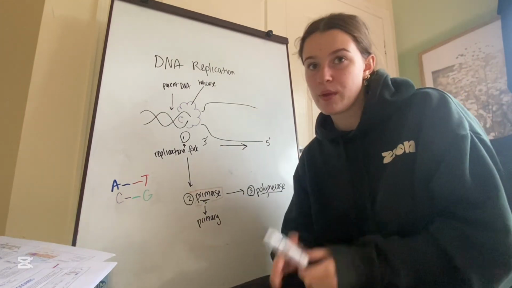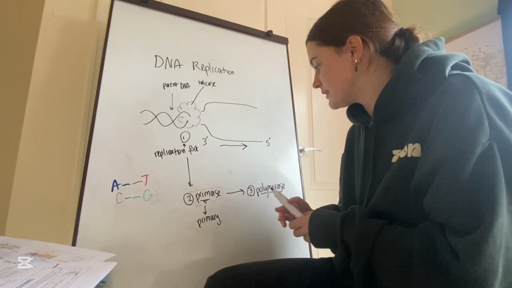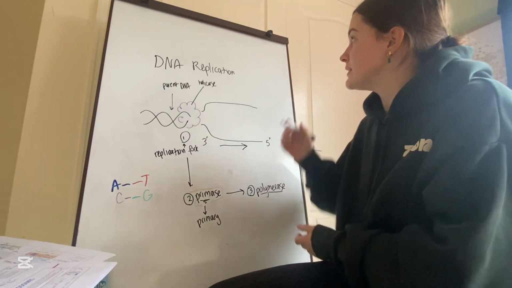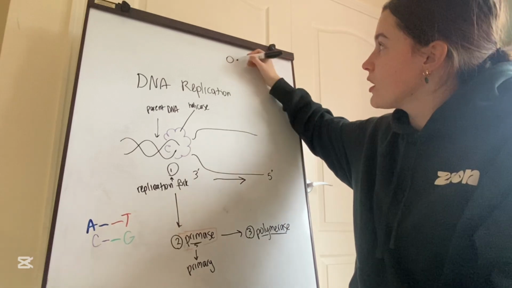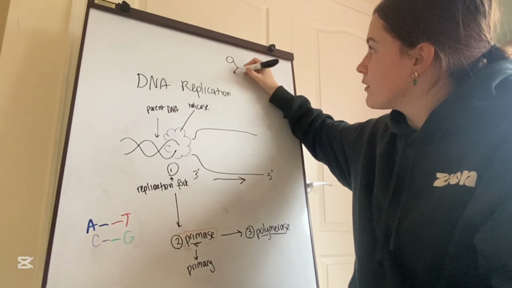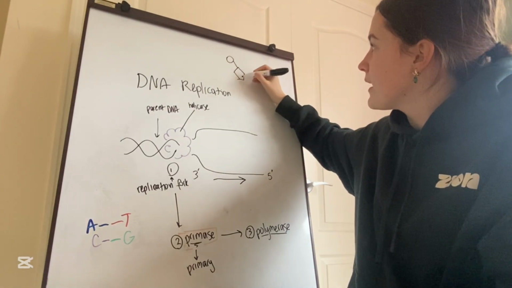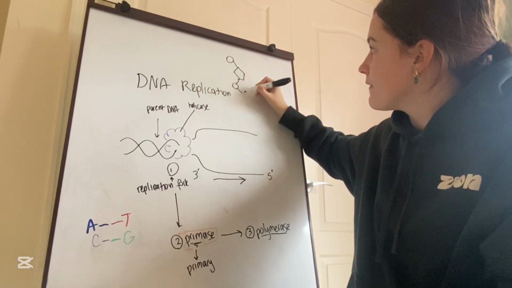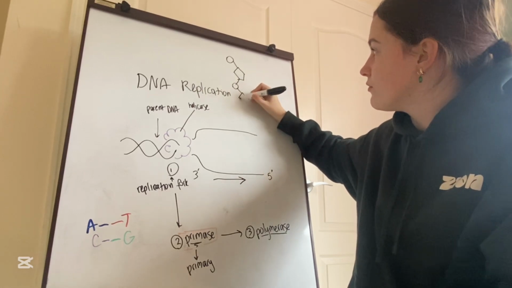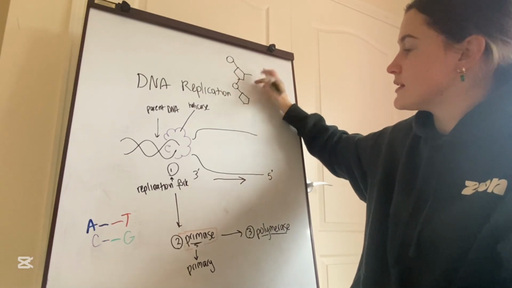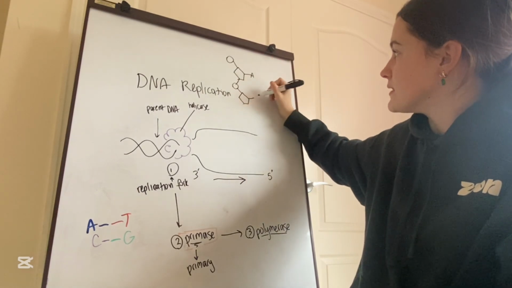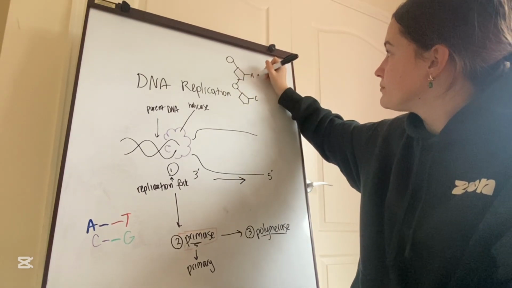The reason we name it this is because of the way DNA is structured: you've got a sugar, and then a phosphate, and then a sugar, and then a phosphate. And they're connected here. So say this is A, and then this is C, right?